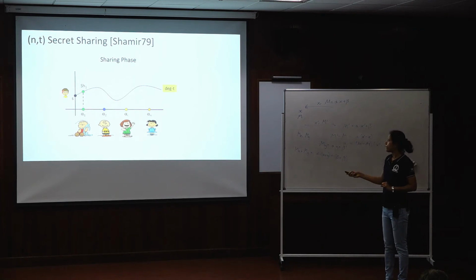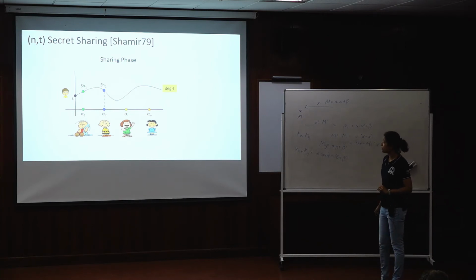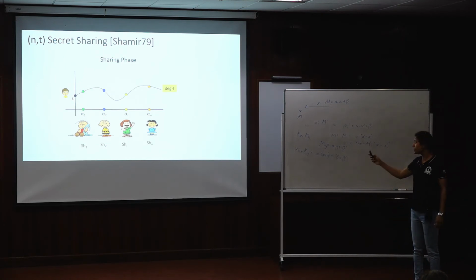The polynomial is evaluated at alpha 1, and let's say the evaluation is share 1, and that's the share that the first party receives. Similarly, the polynomial is evaluated at alpha 2 and so on, and in the end the first share goes to the first party, the second share goes to the second party, and so on. That's the sharing phase, as simple as this.